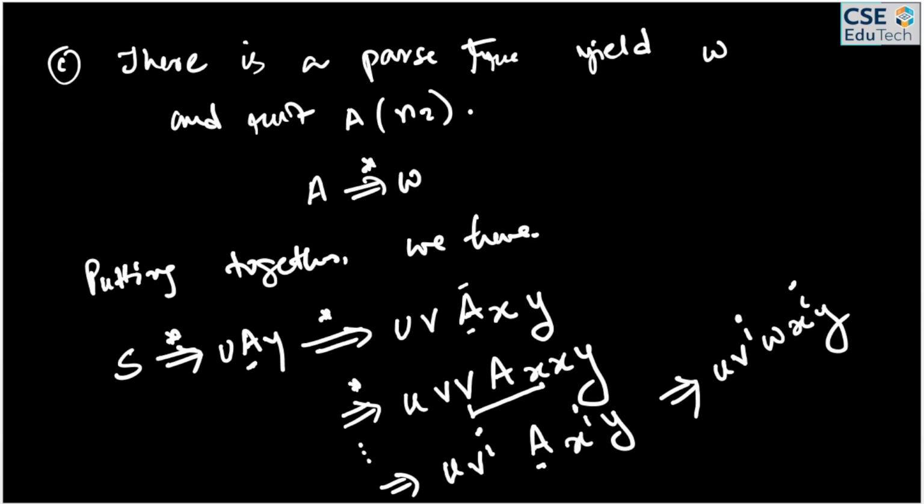Here this A, that means n2, gives w. So this string belongs to the language L. That means we can pump v to the power i and x to the power i for i greater than or equal to 0, and this belongs to the language.